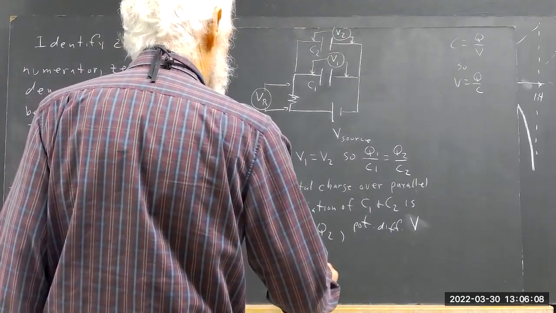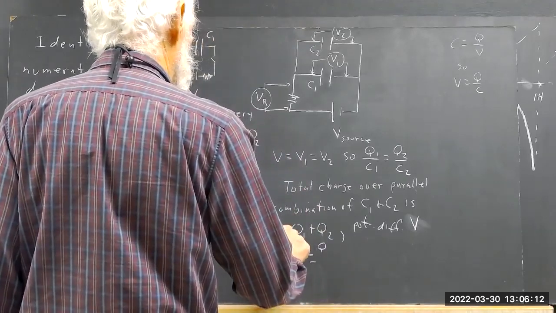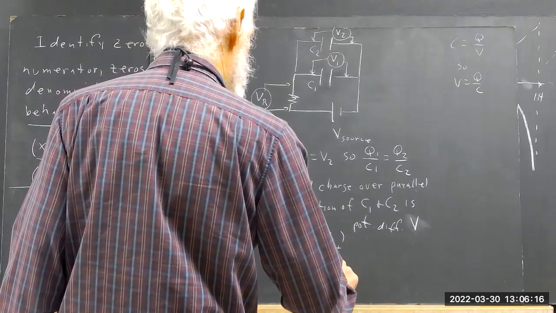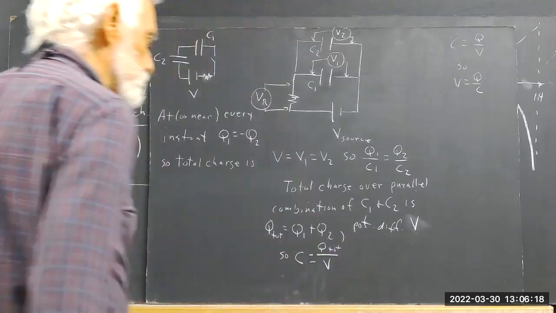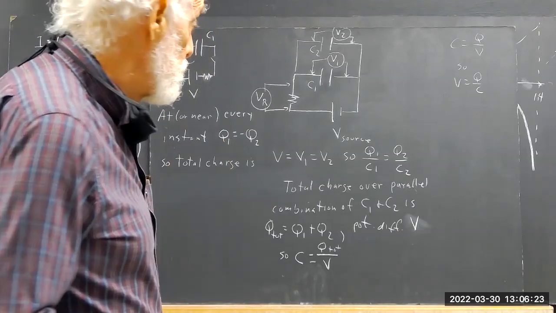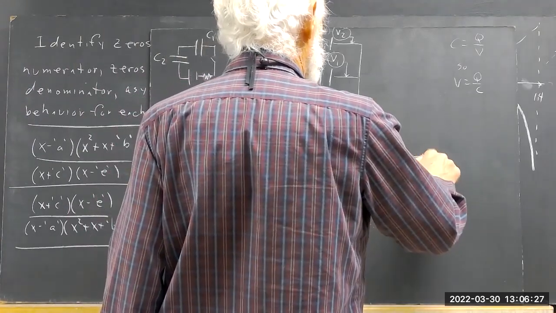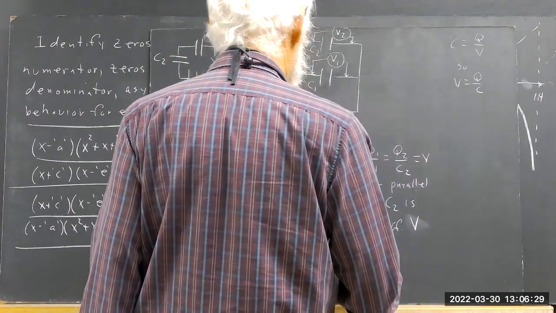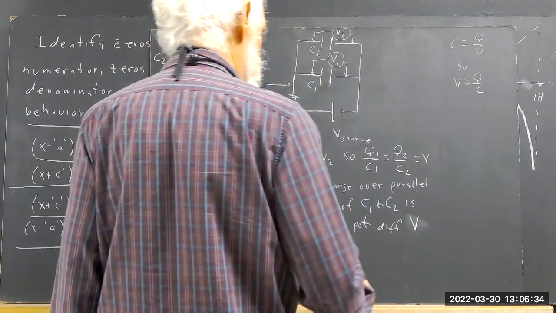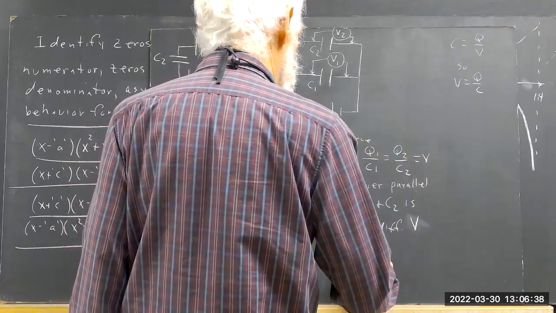So the capacitance, all this Q total, is Q total over V. But Q1 over C1 equals Q2 over C2 equals V, and Q1 is C1V1.